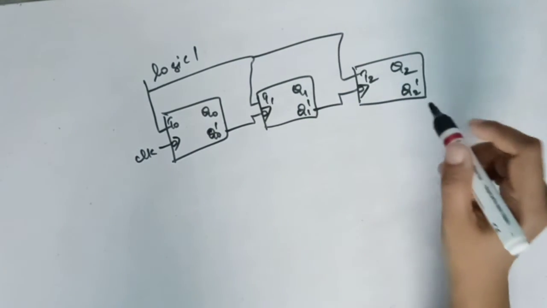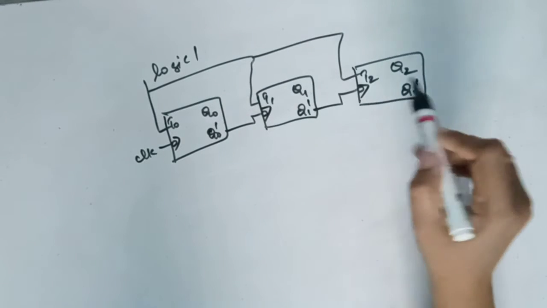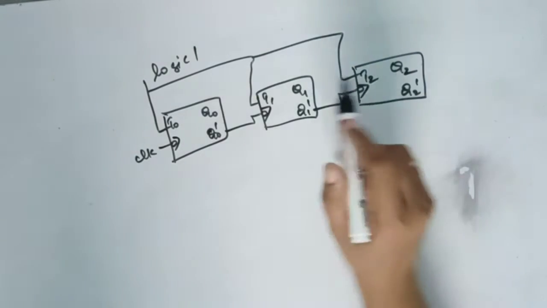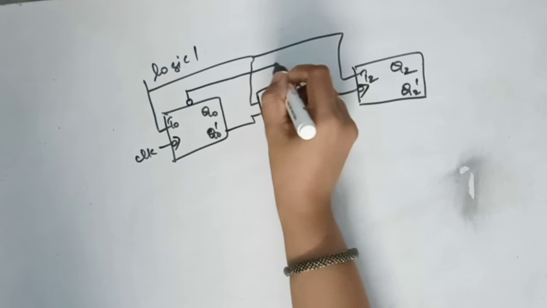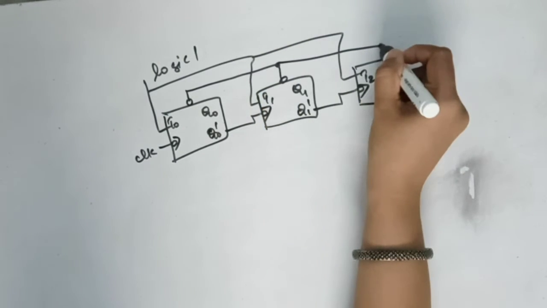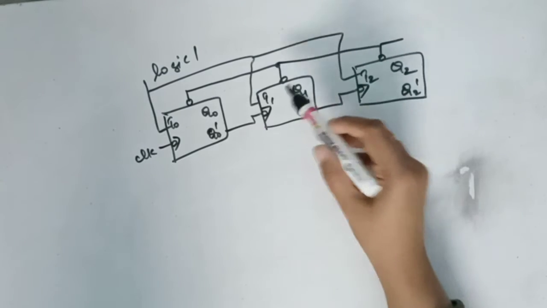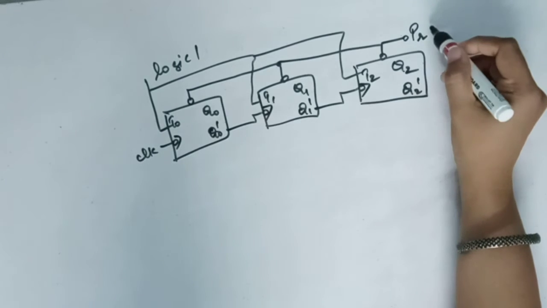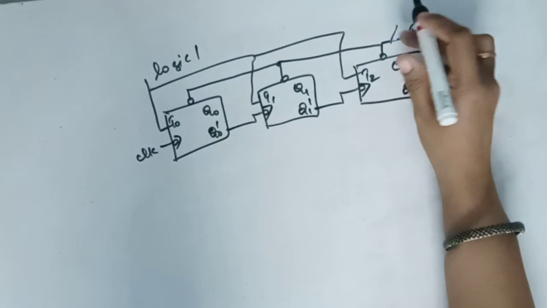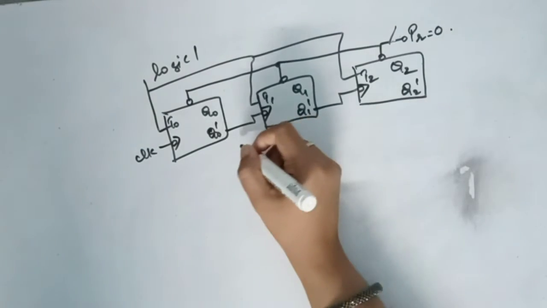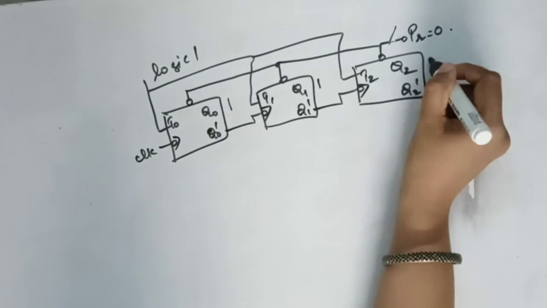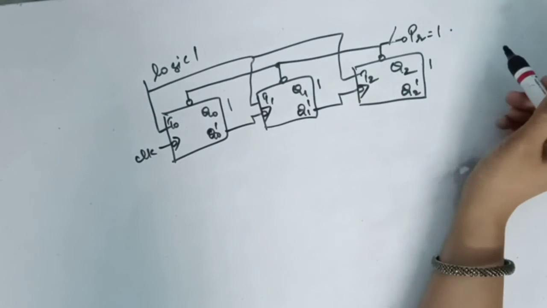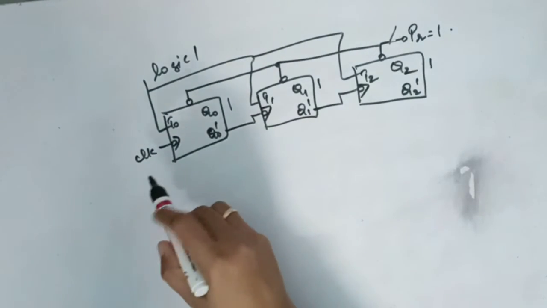Here you need all the flip-flops to give 1 1 1 as the initial case, before a clock is applied. So for that, what will you do? You'll use preset. Again, this is bubbled because preset is an active low signal. Again you'll give it to a switch. First you'll make preset equal to 0 so that you get 1 1 1. After getting 1 1 1, you'll make this equal to 1 so that it will then follow the clock.